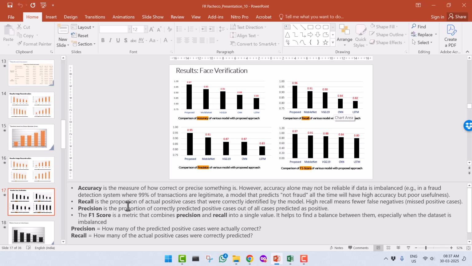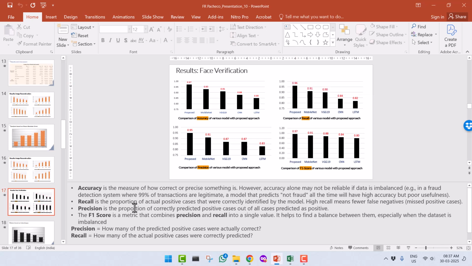Recall is the proportion of actual positive cases that were correctly identified by the model, and high recall implies we have a lower false negative rate. That means the actual positive cases are classified as positive. That's what recall is. In the comparison, we can see that our model has the highest recall.